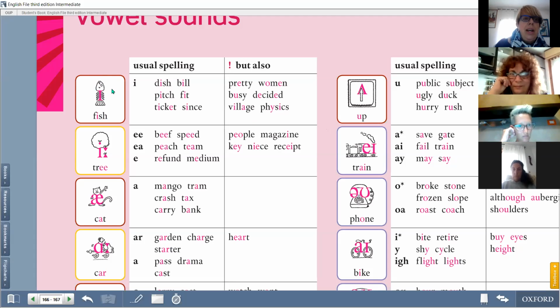So you got the usual spelling, that is usually with an I, but we also found the same sound with other letters, with other spelling: with an E, with an O, with a U, with a Y.